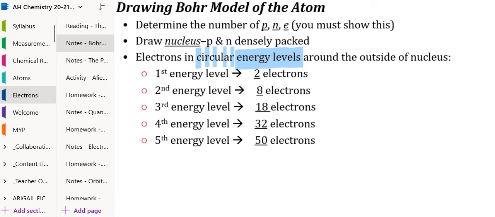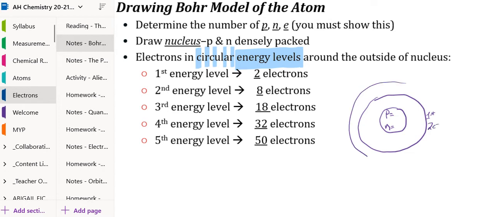So we're going to have our nucleus. What's going to go in the nucleus? Protons and neutrons. And then the electrons are going to be organized into energy levels. So the first ring represents what energy level? First. And how many electrons can it hold at most? Second ring is what energy level?